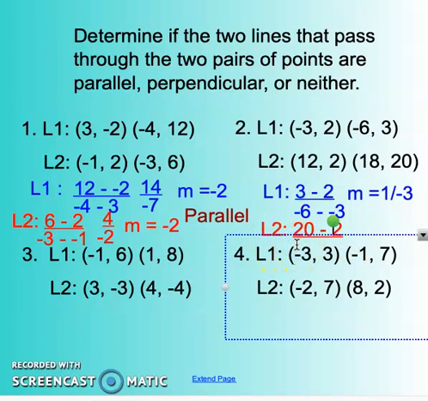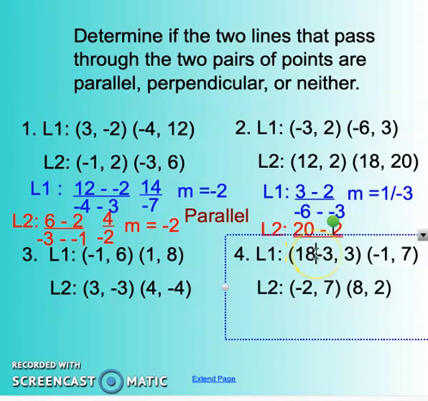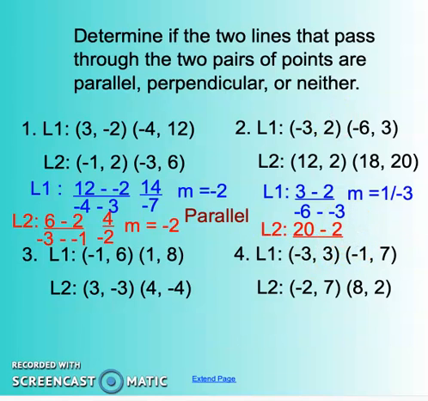Negative 18 minus 12. So we get 18 on top, and what do we get on the bottom? 6. And so our answer is 3 wholes.